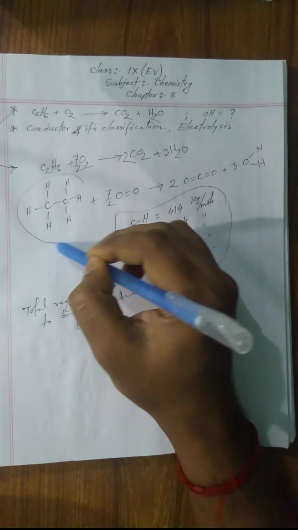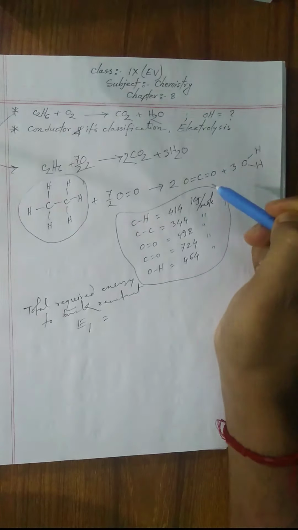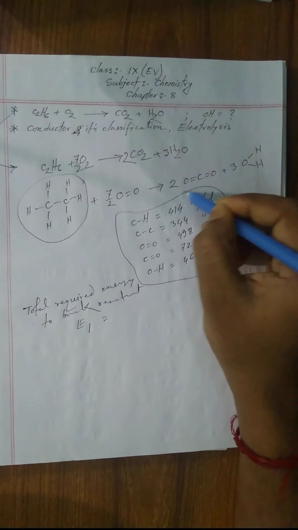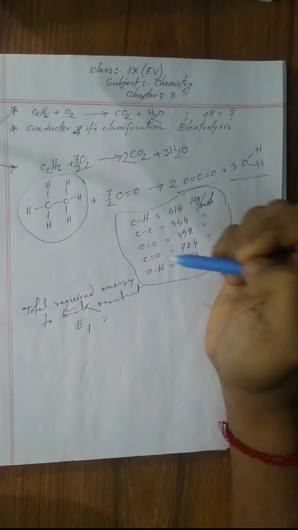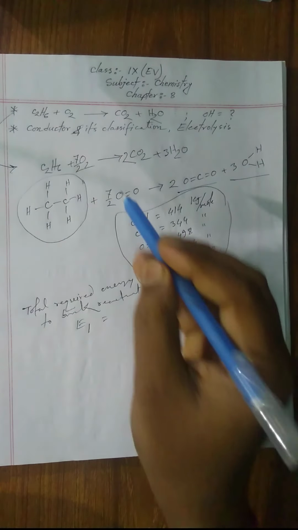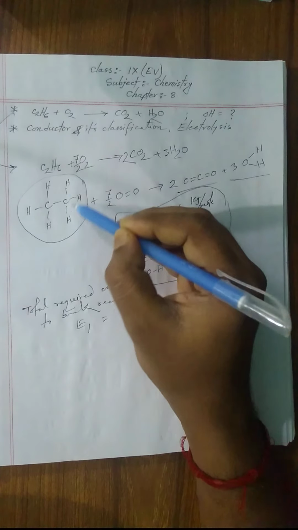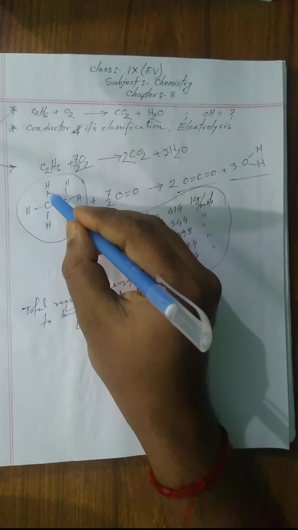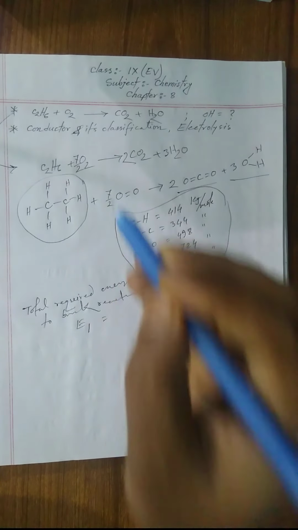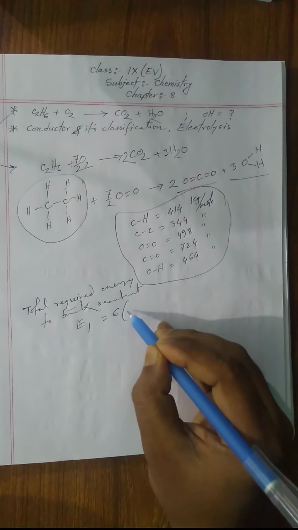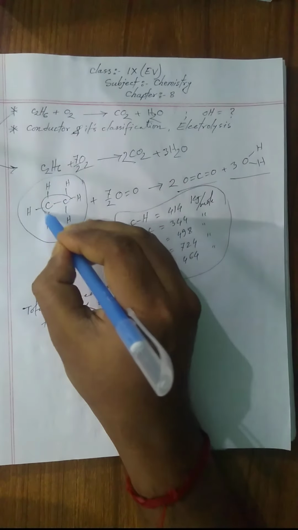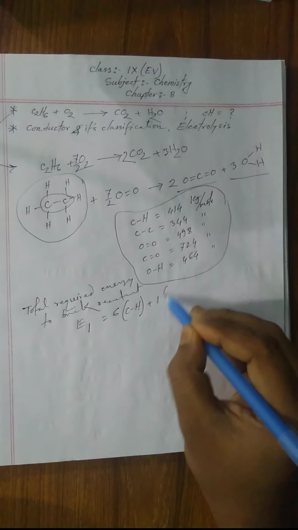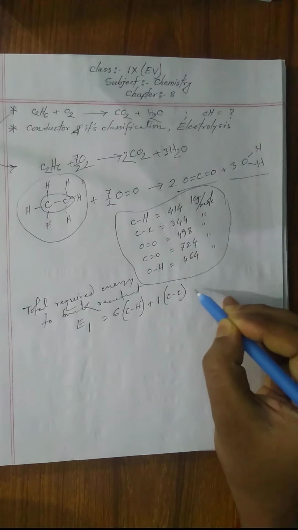This reactant is converted to carbon dioxide and H2O. That means all bonds are broken. That is why the total bonds in this compound are 1 2 3 4 5 6, that means 6 C-H bonds and 1 C-C bond.